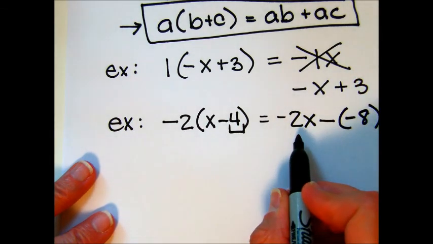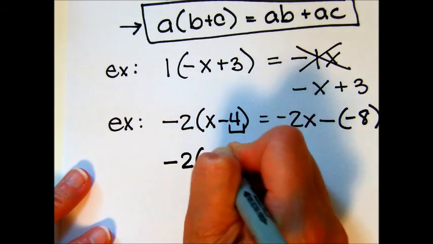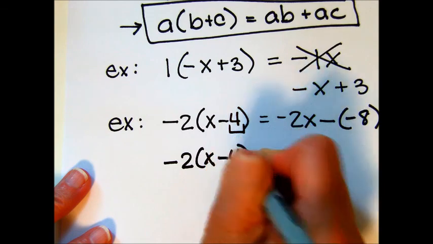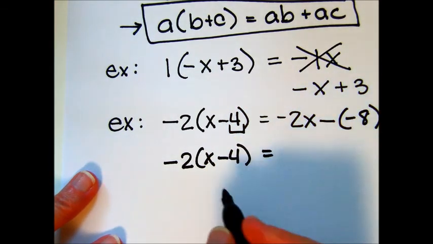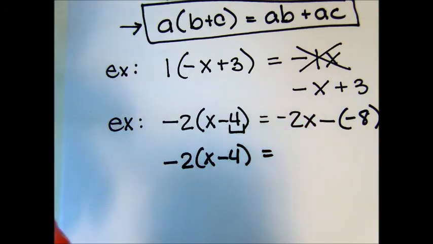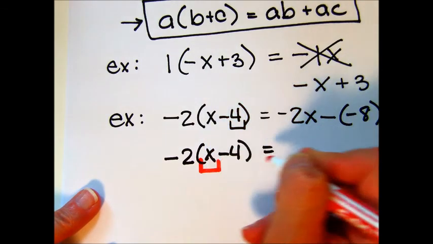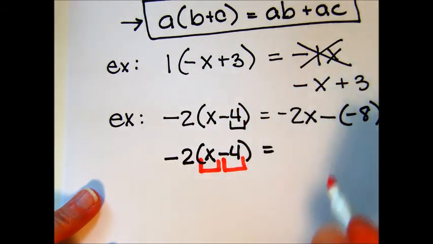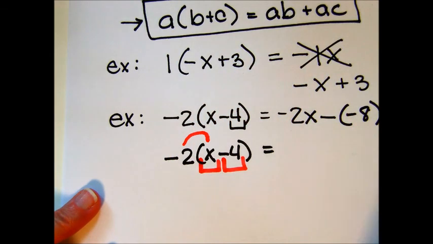Now that does look a little strange. So let me show you another way to write it out that might make a little more sense for you. So when you're multiplying the factors, look at the sign, include the sign that comes with the term. Okay, so here we have negative 2 times positive x.